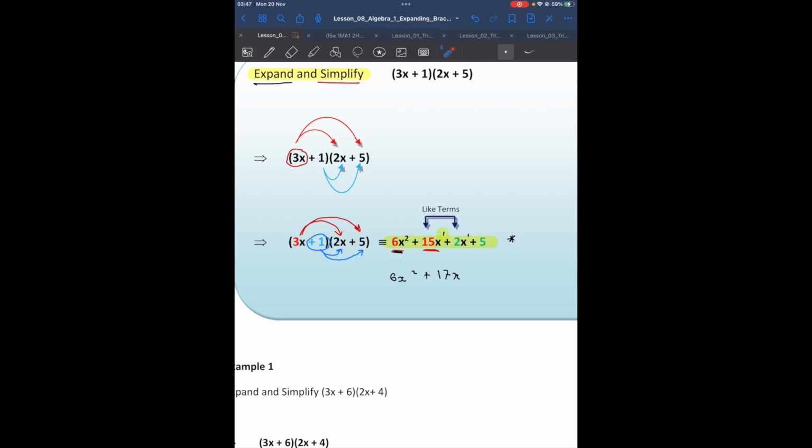We can't do anything with the plus 5 because it's a number on its own. And we're going to have plus 5 at the end. So what we end up with is this expression, 6x squared plus 17x plus 5. And that's our simplified expression. None of these terms are like terms. We can't simplify this expression any further.